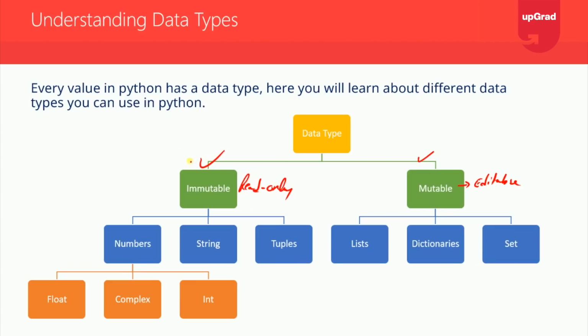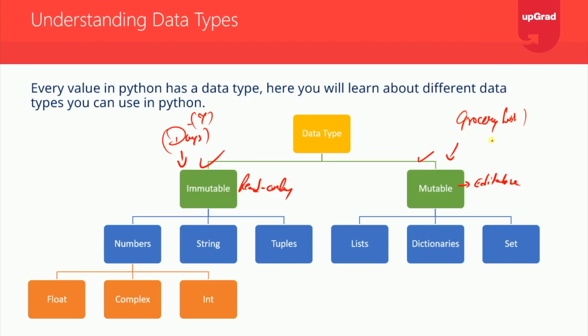Let us understand with an example of, let's say, days. We know that there are 7 days in a week. So day is immutable data because, as per the real world, we cannot update or modify any day in the week. Mutable can be an example of, let's say, a grocery list.